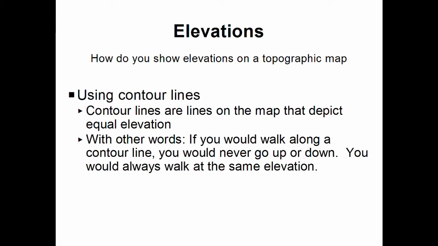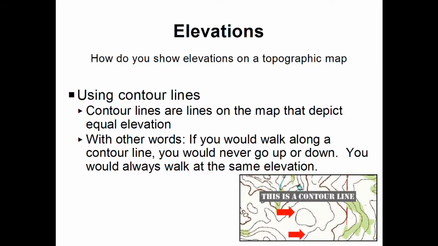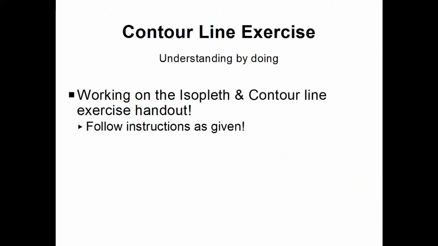In other words, if you would walk along a contour line, you would never go up or down. Walking on a contour line will keep you always at the same elevation. Now, contour lines, as we've seen before, are depicted by these brown squiggly lines, and they can be read like any other text or book.